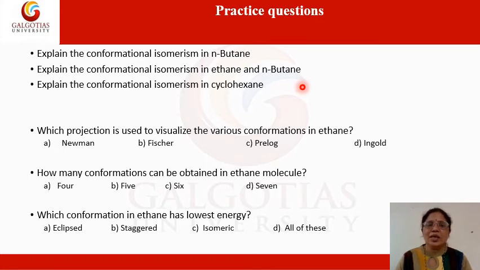Then in the case of cyclohexane also, we should know the number of conformations, a total of 4, which we have already studied: the boat form, the chair form, the twisted boat form and the half chair form.